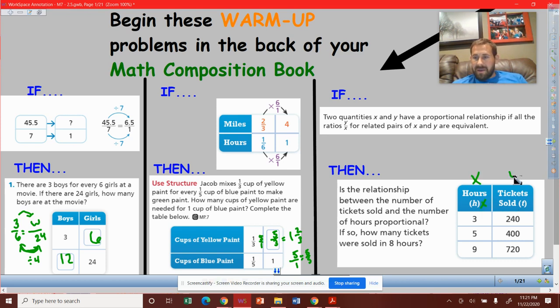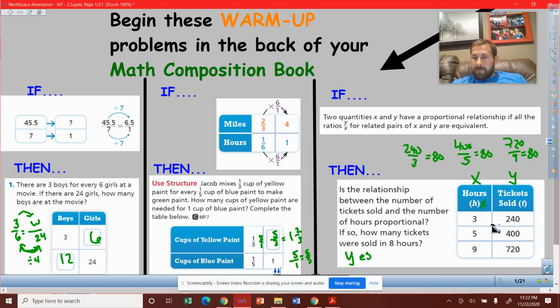Make this an X and make this a Y. So we're taking 240 divided by 3. Well, that equals 80. Then take the next one, 400 divided by 5. That equals 80. Take the next one, 720 divided by 9. That equals 80. So is this proportional? Yes, it's proportional.